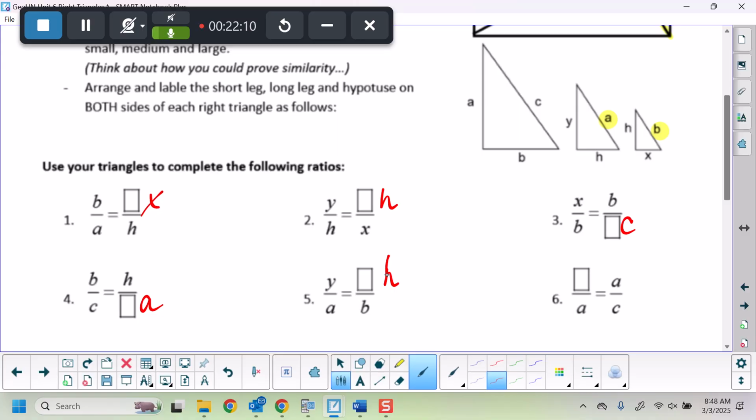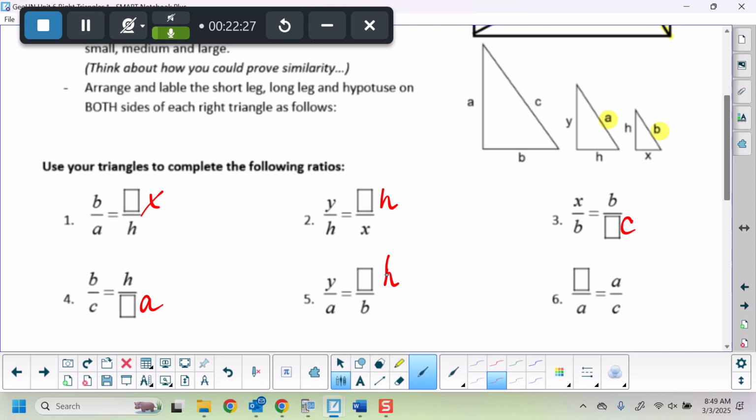And then when we talk about A, if I'm comparing A to C at the same time as I'm comparing what to A? Y. Very good.